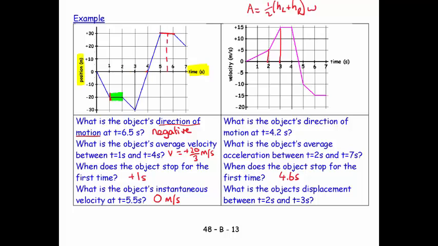So if I look at this, it would be 1/2 of 5 plus 15 times the width, which is 1, which equals 20 divided by 2 is 10, times 1 is 10.